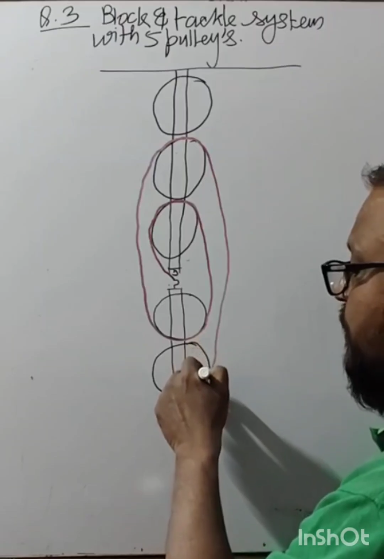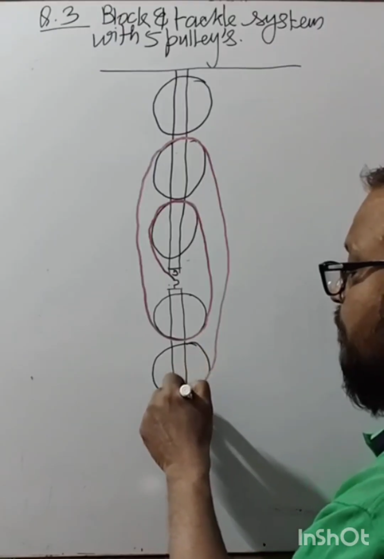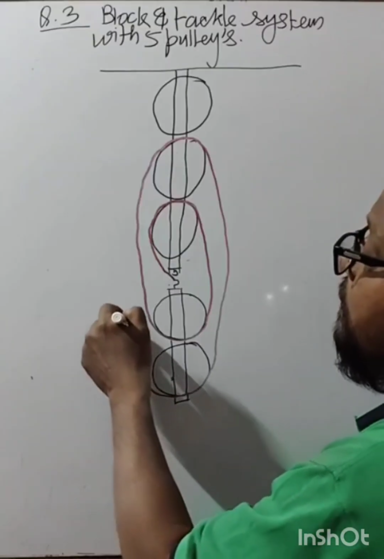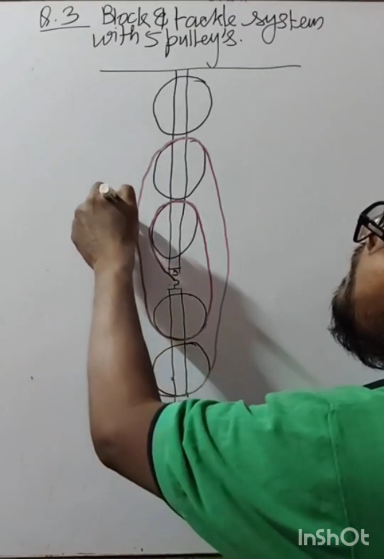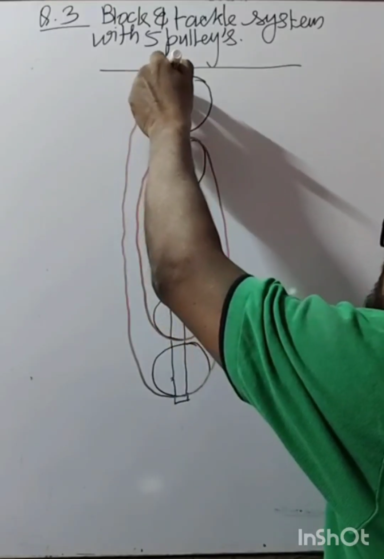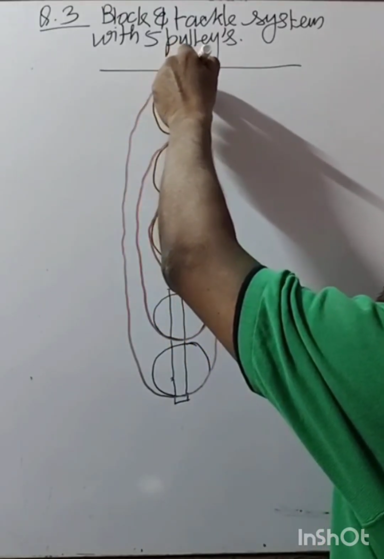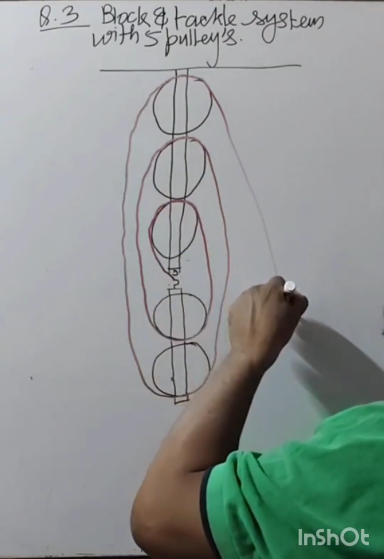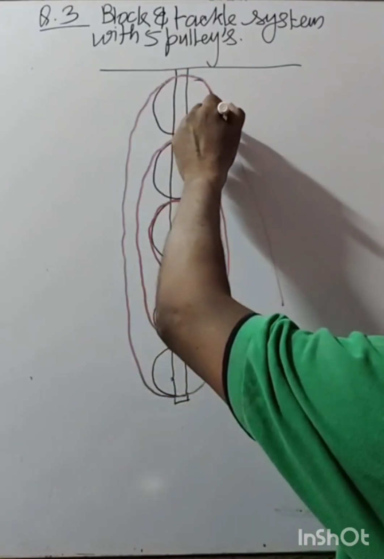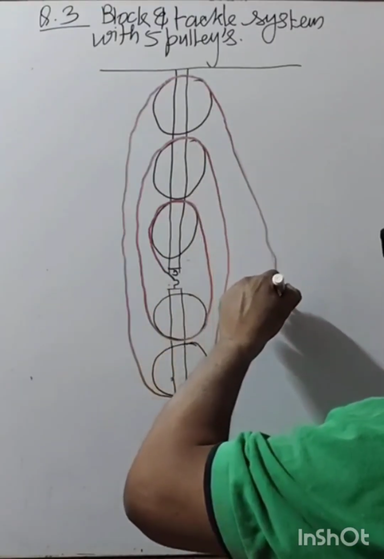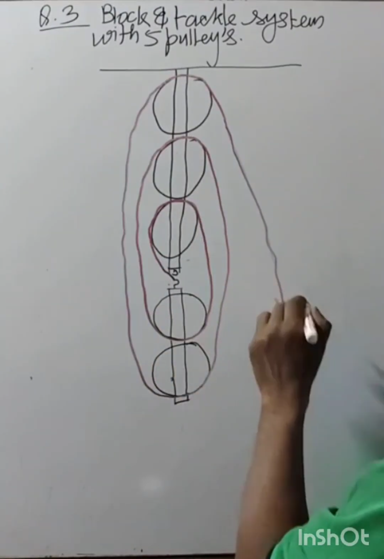In the lower block, always pulleys are less than the upper block, right? Like this. So here we get the effort, right?